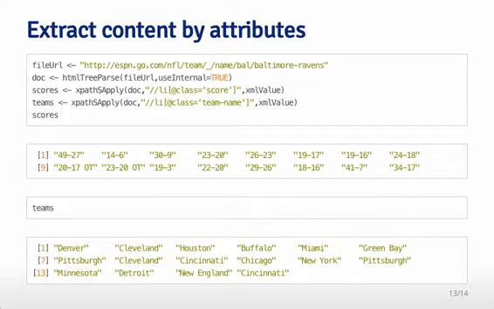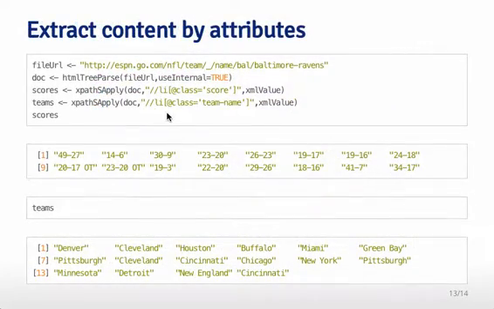So the way this works is you go to the website and find the tag and any attributes that you want to extract, and then you write them into this XPath language to extract only the data for those specific elements with XPath sapply. If I do this, I end up with the scores for each of the games and the teams. So I've scraped information directly from that website using R.